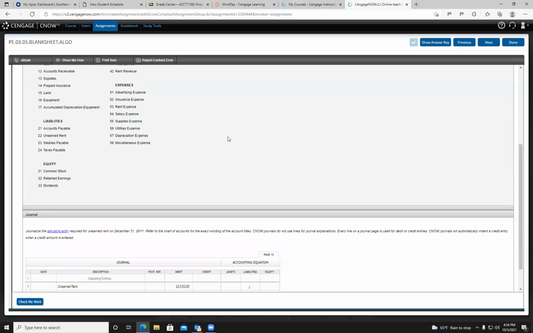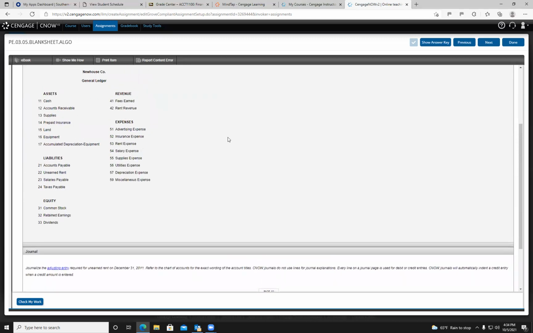Now let's figure out what we're going to credit. If it's no longer considered unearned rent, the opposite of unearned rent would be earned rent, which would be rent revenue. So now they're saying as 5 months have passed, 5 months of the unearned rent have expired, and it now can be recorded as rent revenue because we've provided the service for those 5 months.